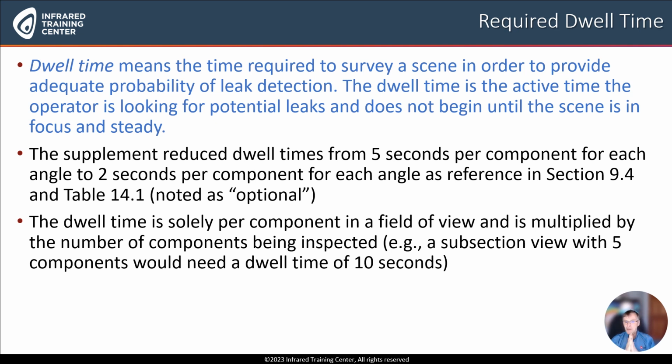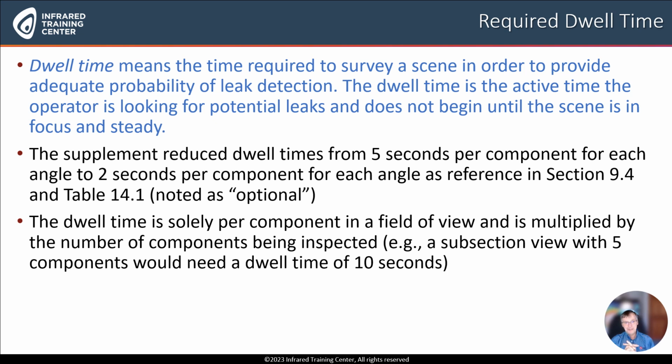And this is solely per component, and field of view is multiplied by the number of components being inspected. So if you have 12 items to take a look at, between valve packing and vents, etc., in one scene here, you've got to multiply that by 2 seconds per component and verify. And this is good practice.